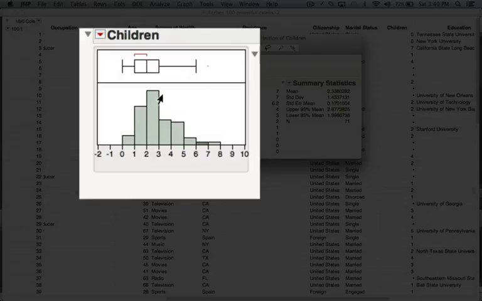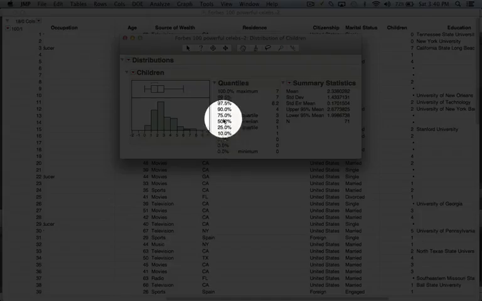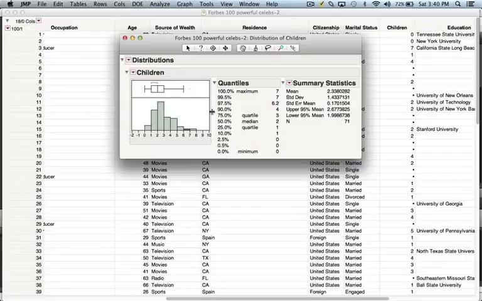Now let's go ahead and take a look at the box and whisker plot up here. This box right here is also known as the interquartile range, or the distance between the 25th and the 75th. The 25th being this line here, and the 75th being this line here. The 25th percentile is 1, and the 75th percentile is 3.